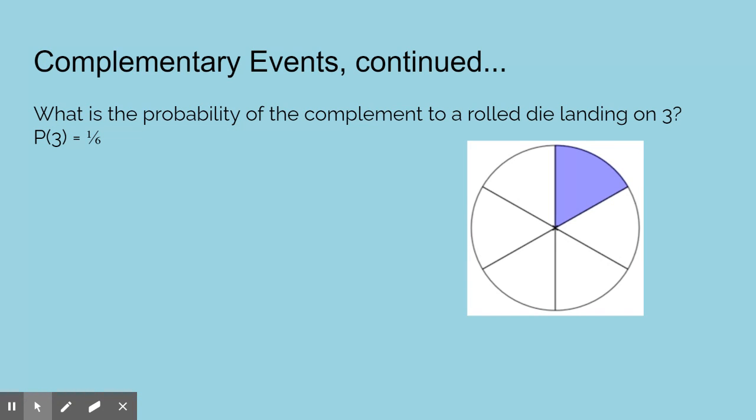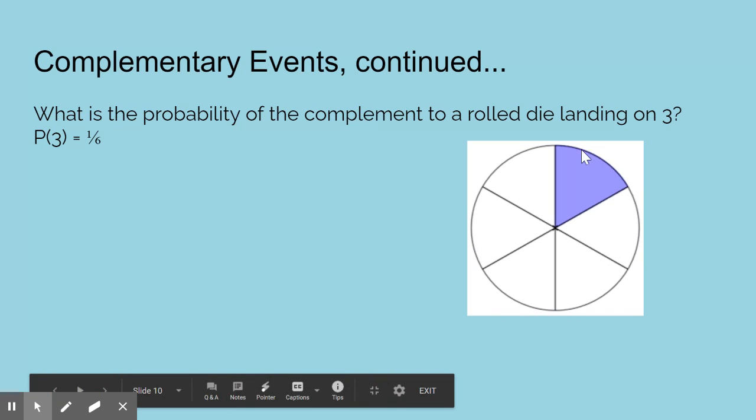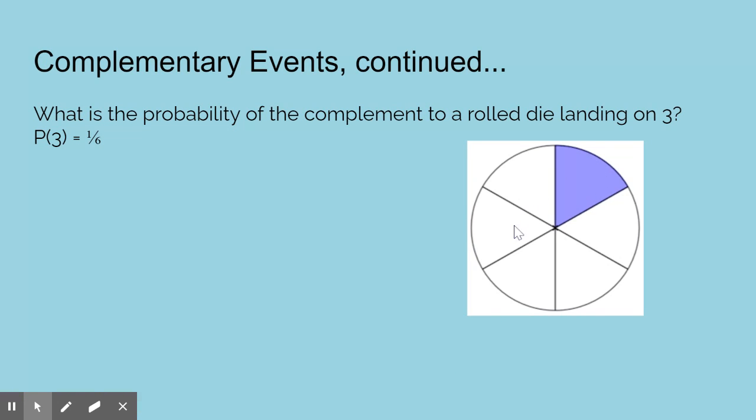So we have 1 shaded portion out of 6 total. Right here, this is our 1 out of 6 chance of landing on 3, and each of these white sections is an outcome that is not 3. So the probability that it's not 3 is going to be 6 out of 6, because that's the whole, subtract 1 out of 6, because that's our probability.